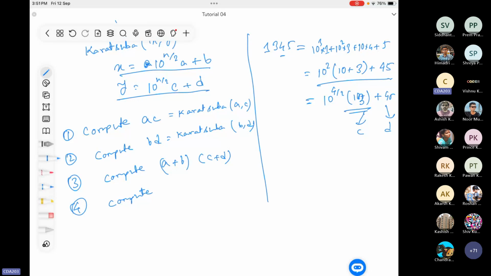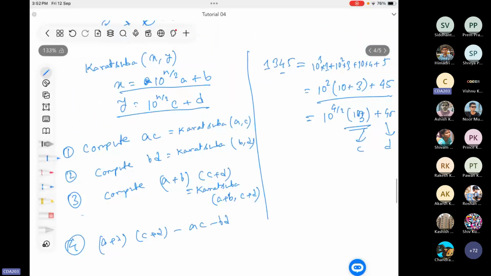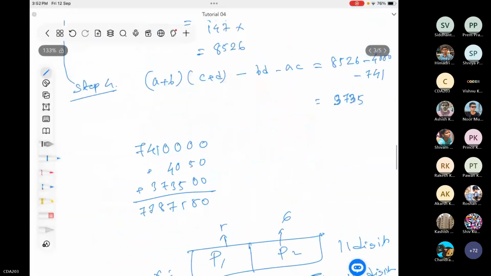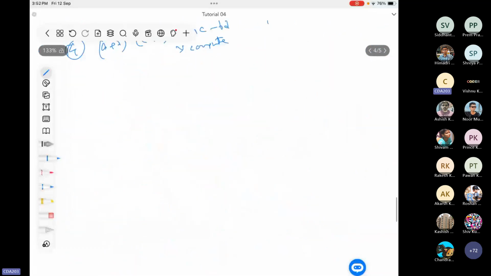Now you understand why I am saying this. Karatsuba of A plus B, C plus D. So we compute all these steps, and the fourth is the rule that we have seen: (A plus B)(C plus D) minus AC minus BD. We compute this, and we add all this.